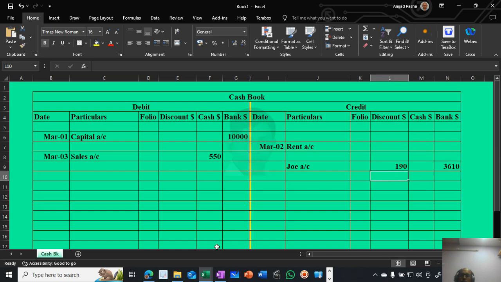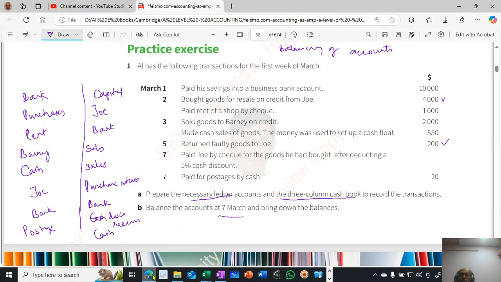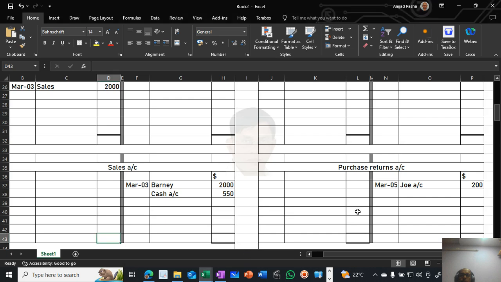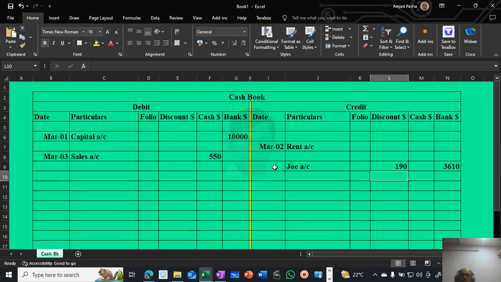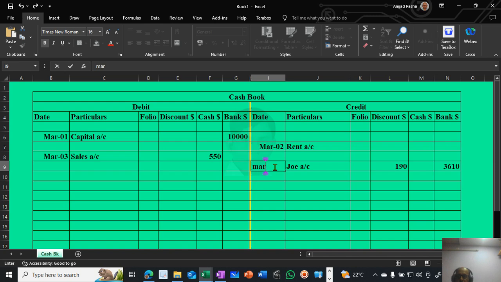When you are paying this, you are paying this on 7th. So you are paying this on March 7th.